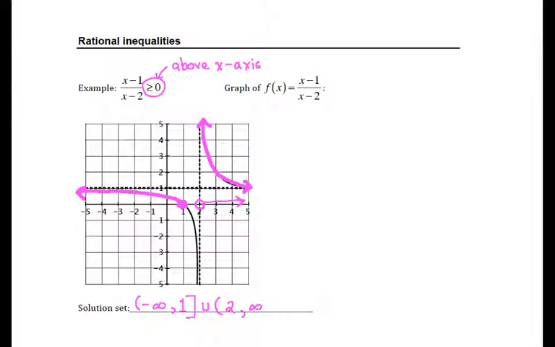to positive infinity. This is the first case that we may have seen in which the bracket style doesn't match the inequality. We have an inclusive inequality, but we still have a round parenthesis instead of a square bracket because of the fact that 2 is not even in the domain of x minus 1 over x minus 2, so it can't be in the solution set to the inequality either.